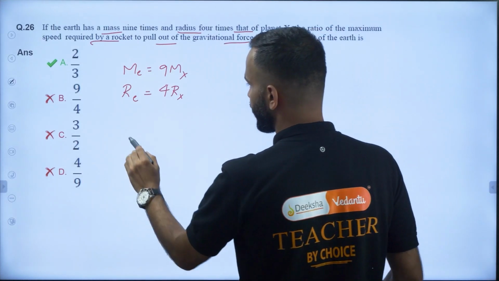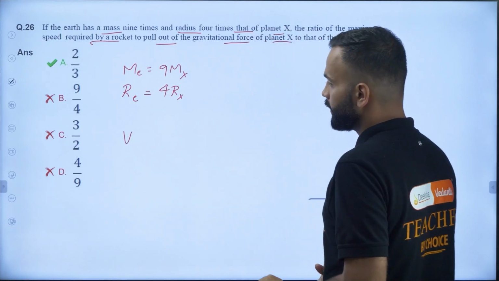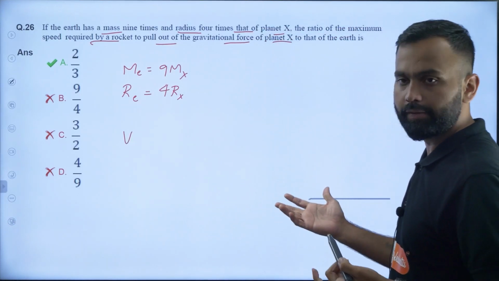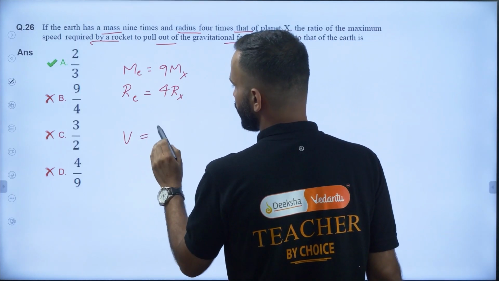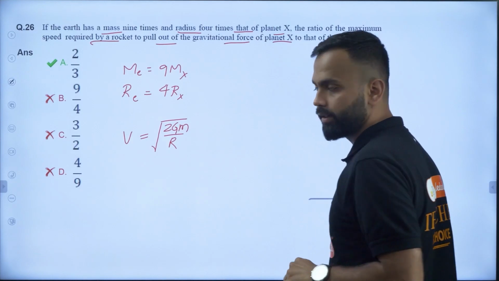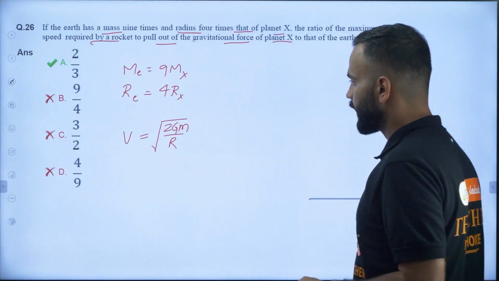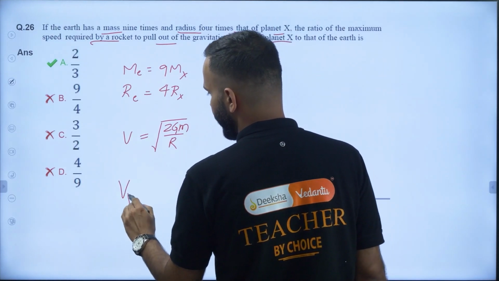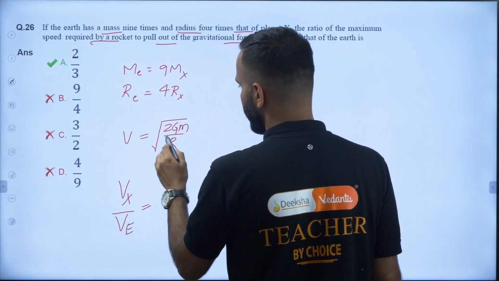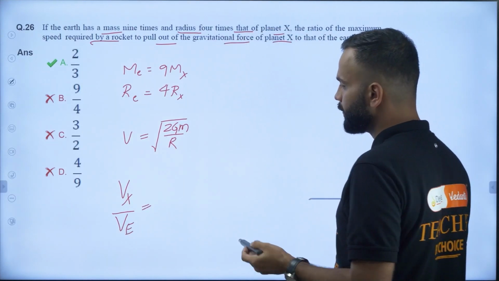So here V, that is the maximum speed required by the rocket to pull out of the gravitational force. V is equal to root of 2GM divided by R, right? So what is this? Escape velocity. So now Vx divided by Ve, root of 2G will get cancelled.